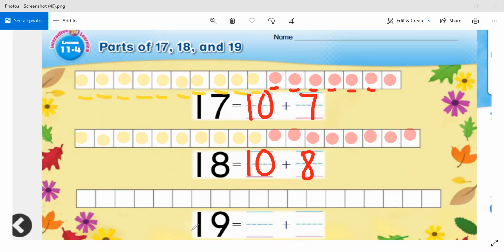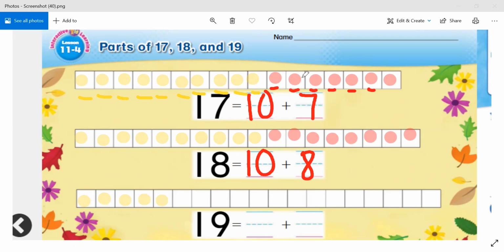All right, let's do one more. We're going to do 19. So I'm going to get my yellow. I'm going to fill in, oops, not red, yellow. I'm going to fill in my 10 counters.